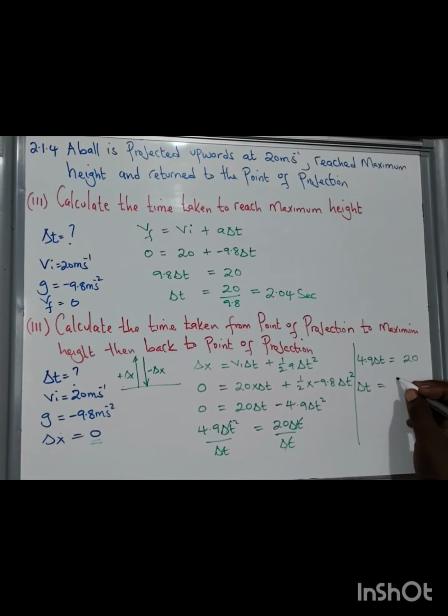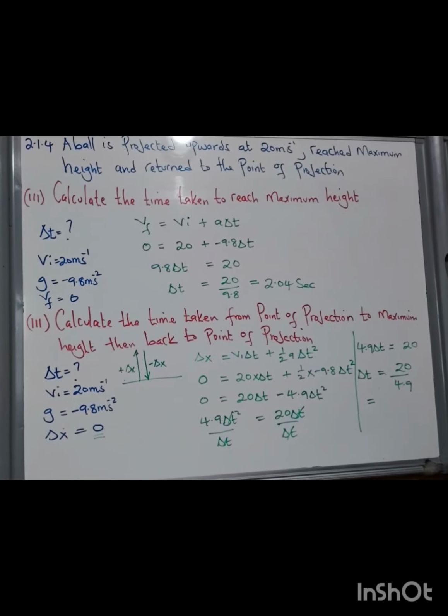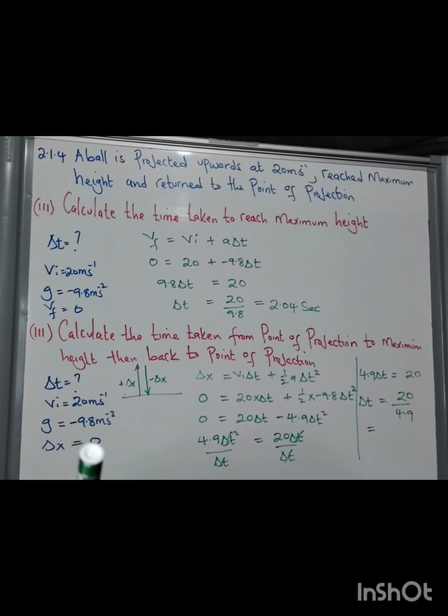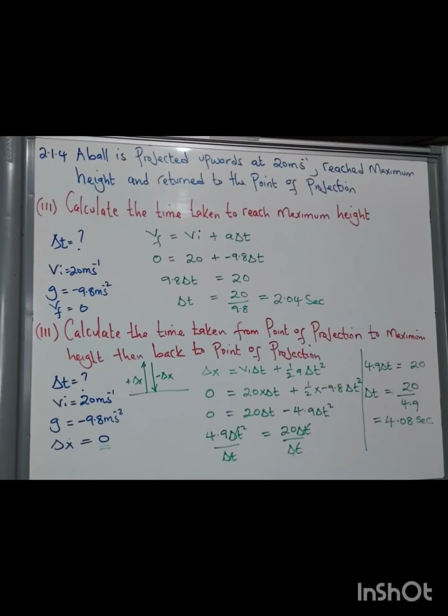Delta t is going to be 20 divided by 4.9. Let us see what we get. So you get your answer as this.